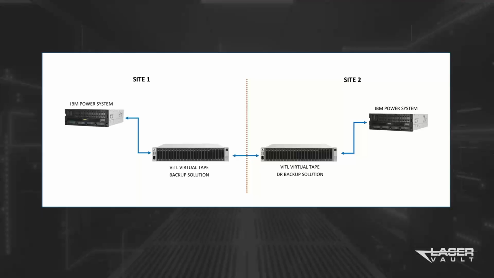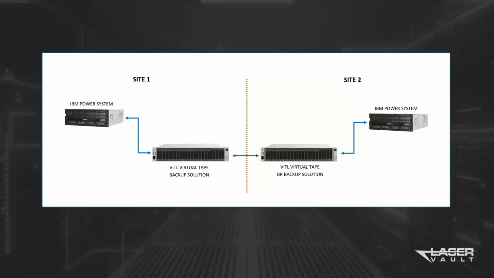So basically, a virtual tape backup solution can reside in your production site as well as a disaster recovery site, giving you the ability to save locally for speed of saves and speeds of restores, but also the ability to replicate those backups to a virtual tape appliance or virtual tape solution at a DR site, or vice versa if you're backing up your DR site and want to replicate to your production site.